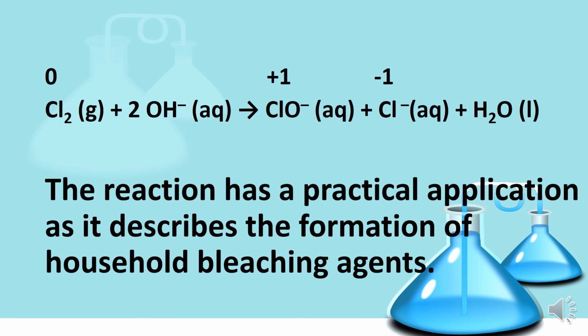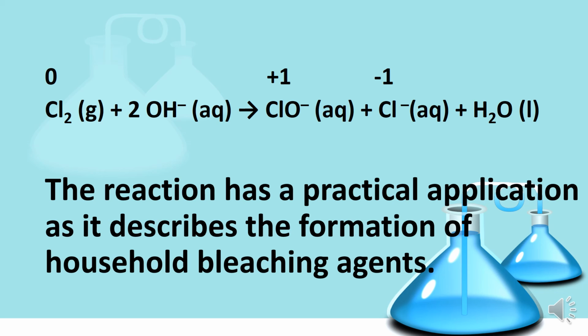Another example of disproportionation reaction is chlorine reacting with alkali OH minus to give ClO minus, Cl minus and water. See carefully, in the reactants, chlorine has 0 oxidation state, and in ClO minus, that is the product side, chlorine has +1 oxidation state and Cl minus has -1 oxidation state.